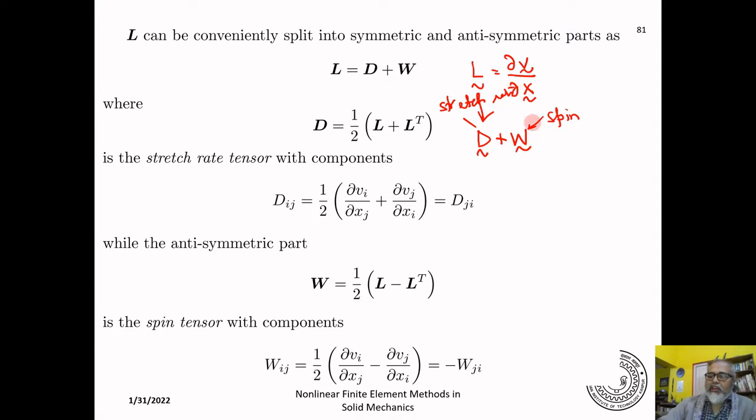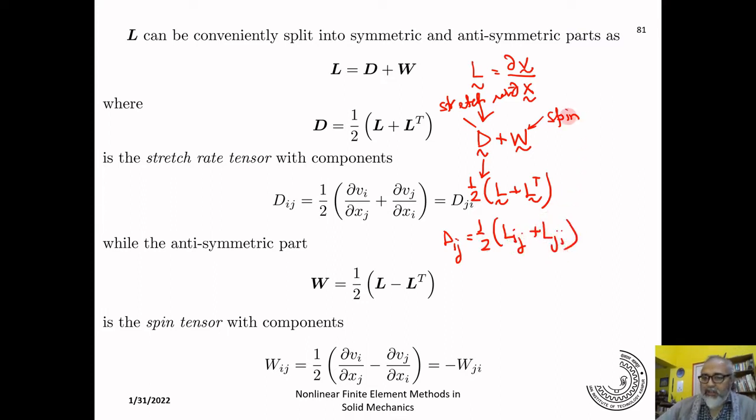So there's a standard way of splitting any tensor into a symmetric and antisymmetric part. The symmetric part is half L plus L transpose. So in indicial notation, Dij is half Lij plus Lji. It's obviously symmetric.